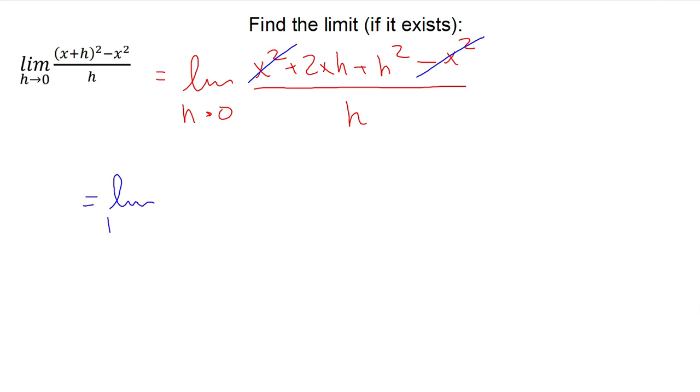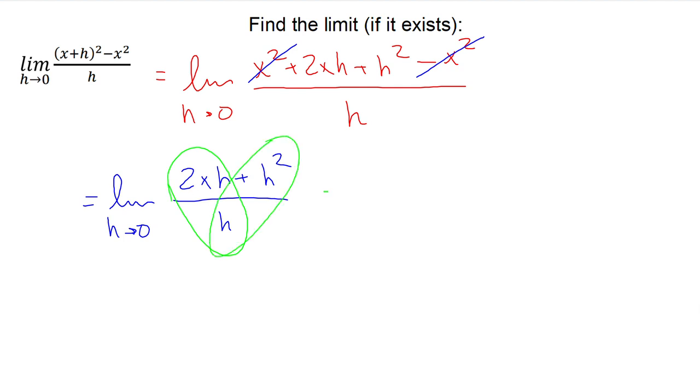So we now have a limit as h approaches 0 of 2xh plus h squared over h. Well, we can look at this two different ways. Either we can factor an h out of the numerator to cancel with the h that's in the denominator, or we can just term by term divide each thing by the h.